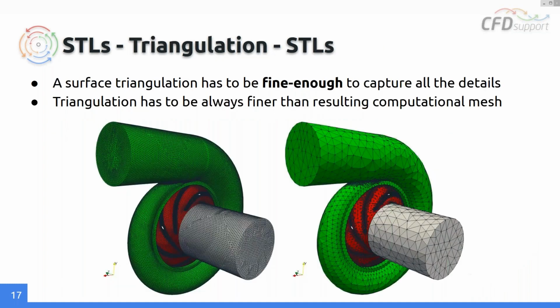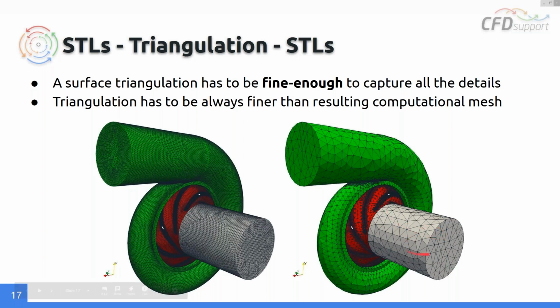I hope maybe this is the last one, because the STLs describe not an analytical shape, but it is the first for discretization. So you have to provide fine enough triangulation, otherwise you will simulate something which is not the same as you intended, right?